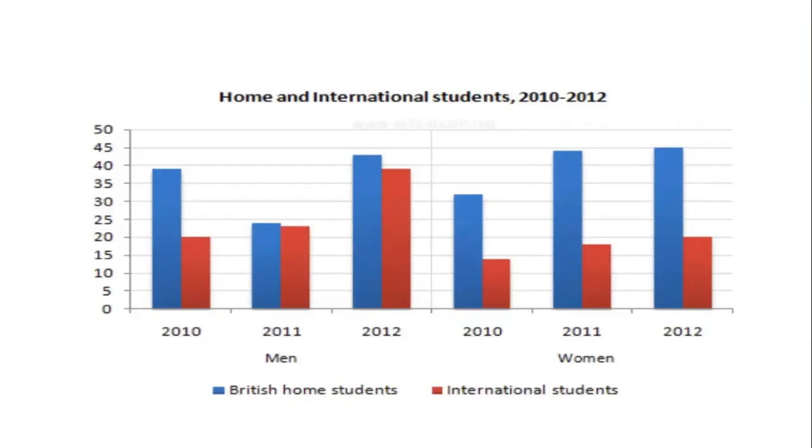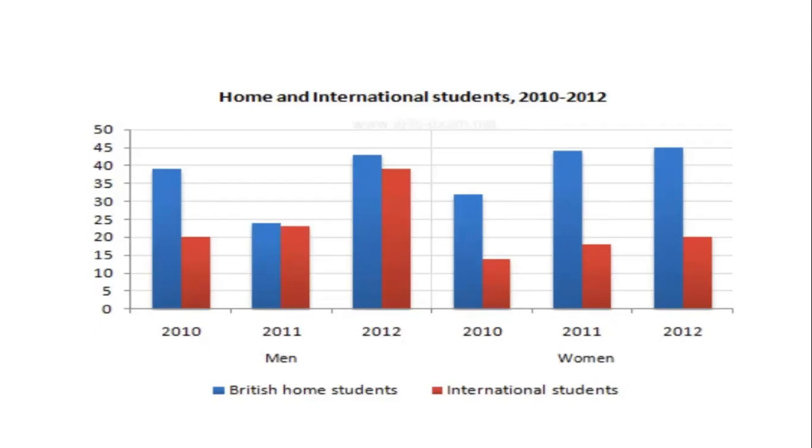So the first important thing when you see the image is that you should always specify the title. So here in this image, the title is Home and International Students 2010 to 2012. If you see the word home, and if you see below, it is British home students.